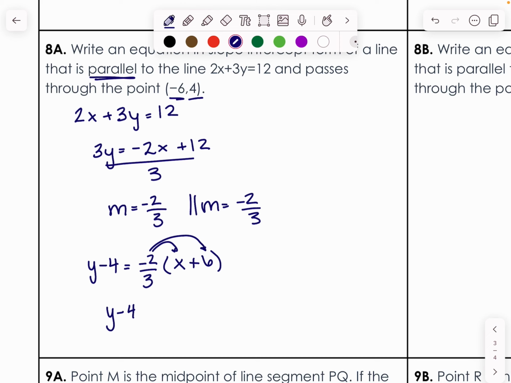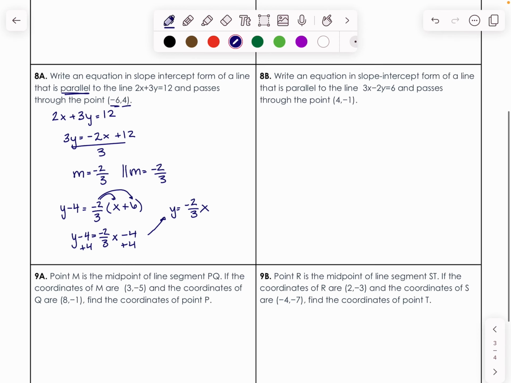So I have y minus 4 equals -2/3 x. 6 times -2 is -12. -12 divided by 3 is -4. Okay, then my last step is to add 4. So this is going to go to y equals -2/3 x. All right, then y'all would do 8B.